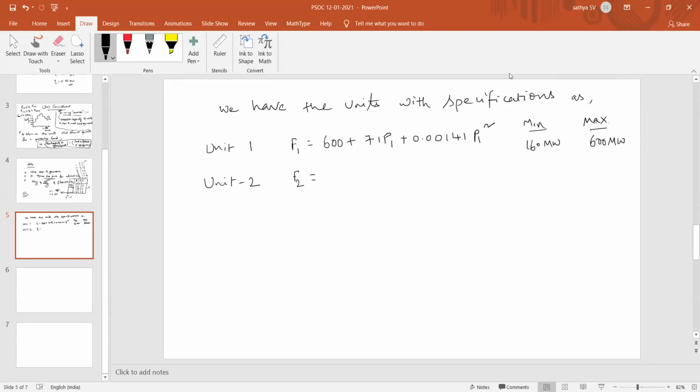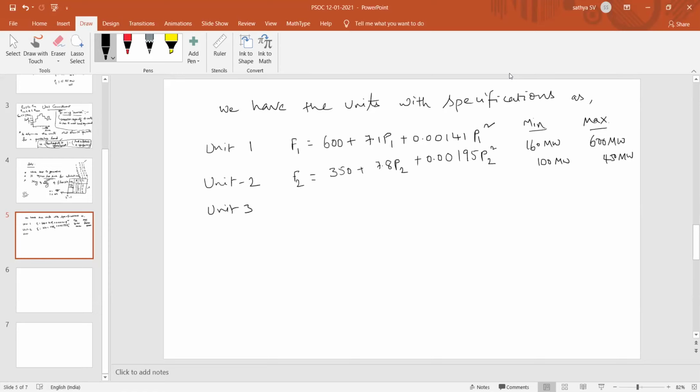and a maximum of 600 megawatts. Similarly, for unit 2, F2 = 350 + 7.8 P2 + 0.00195 P2 square, with a minimum of 100 and a maximum of 450.